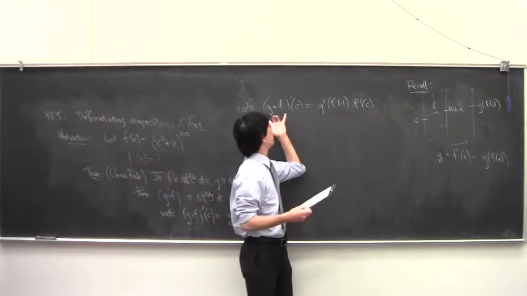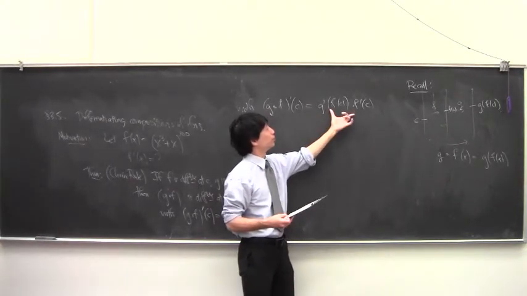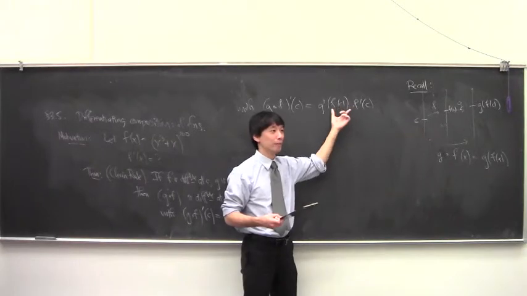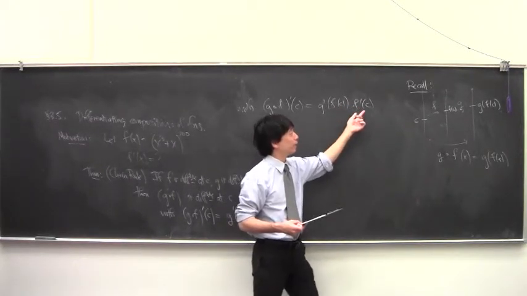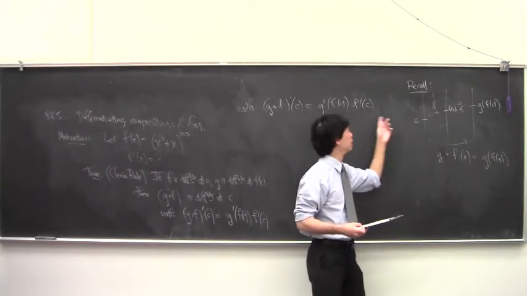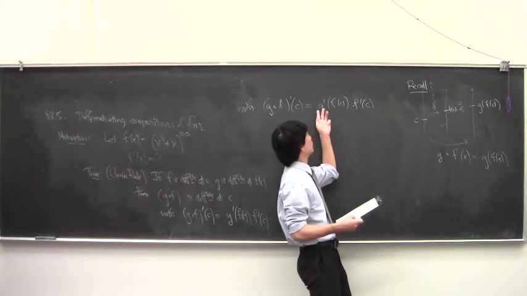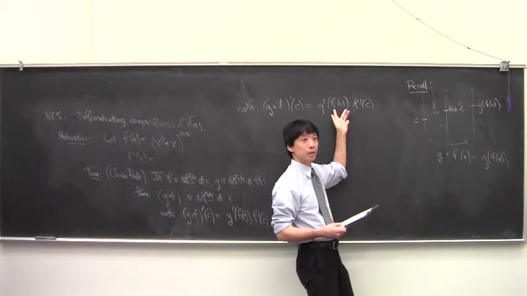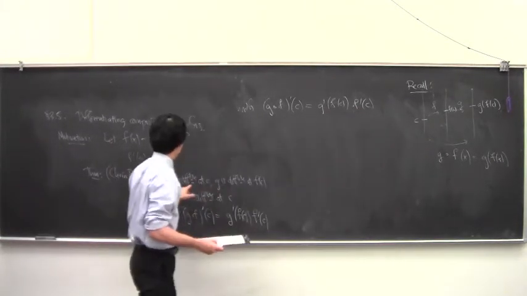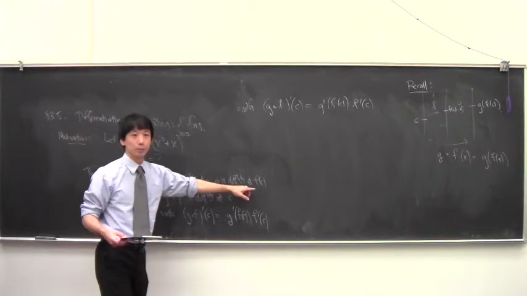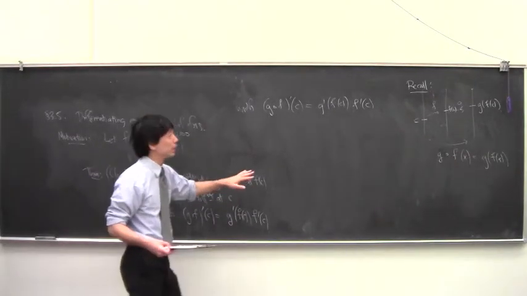The derivative of a composition is the product of the derivatives, but they have to be evaluated at the right places. f was differentiable at c, so you take the derivative of f at c. g was differentiable at f of c, so you take the derivative of g at f of c.